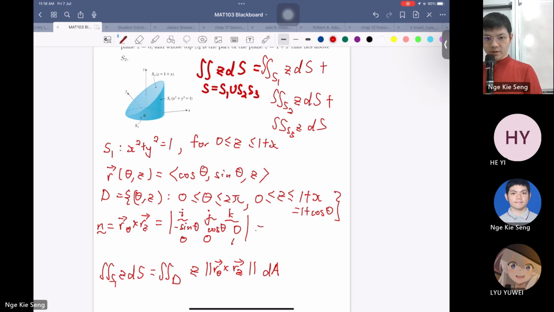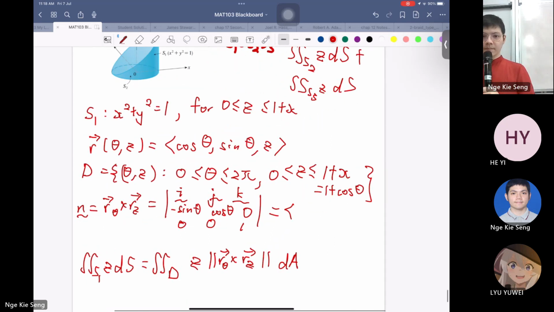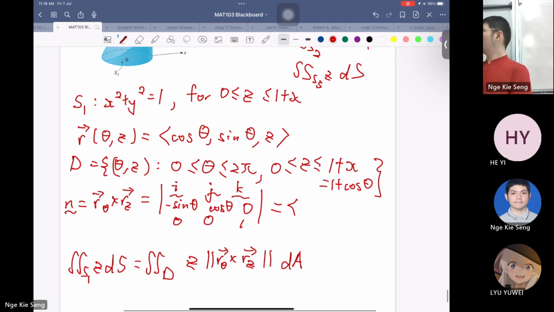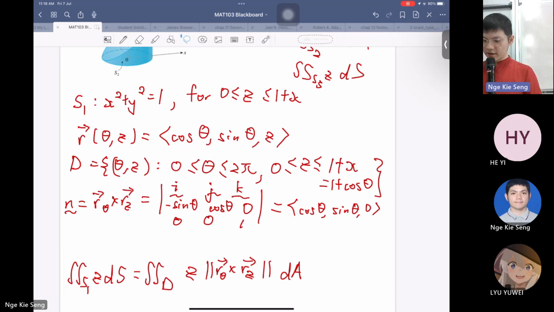So what's this cross product here? Cos theta, sine theta, and 0. Then you need to compute the length of this normal vector. What's the length, or what's the area of the parallelogram?